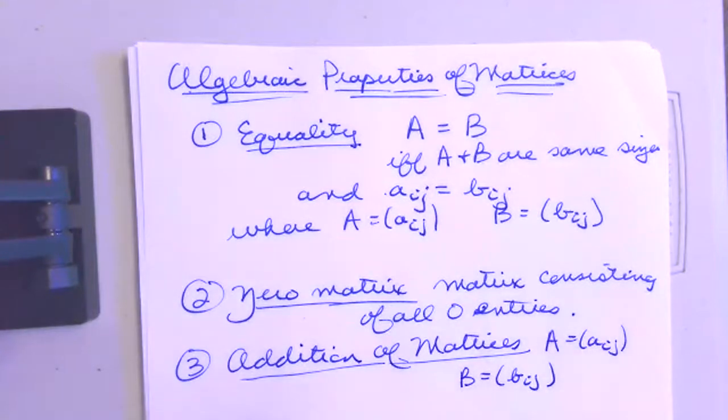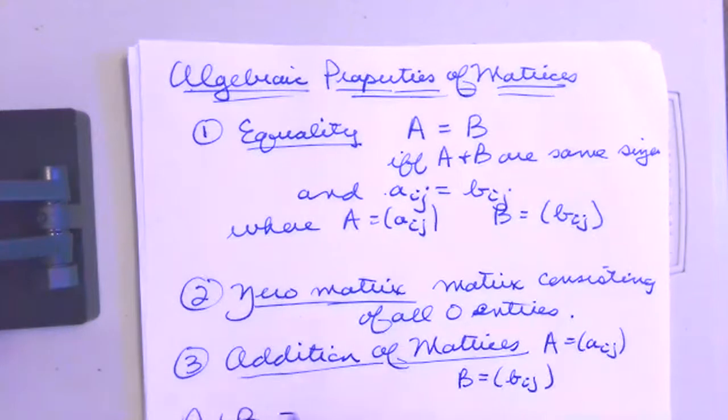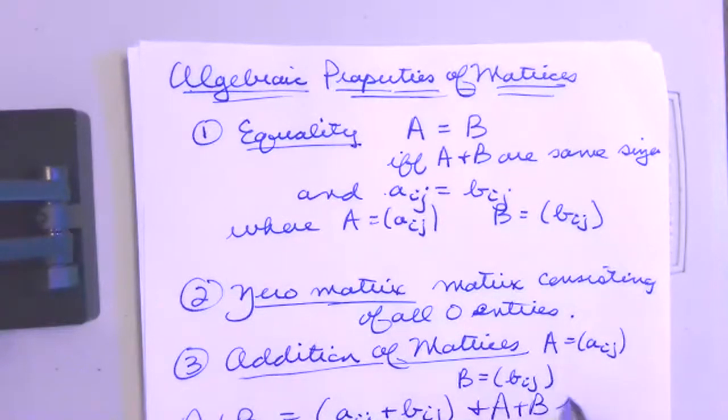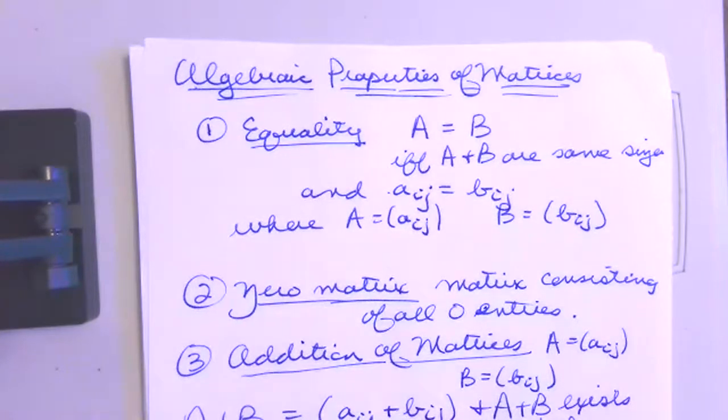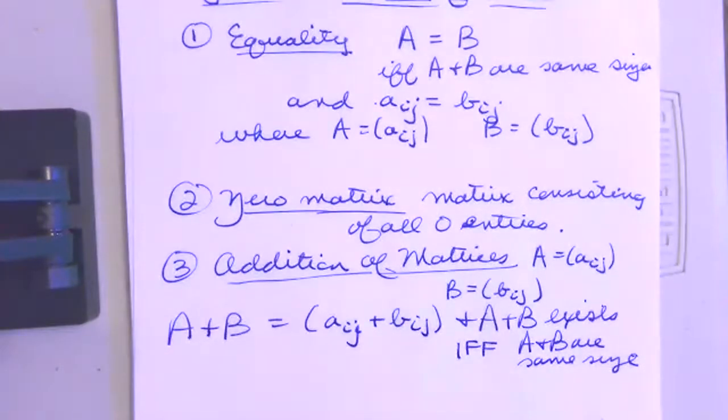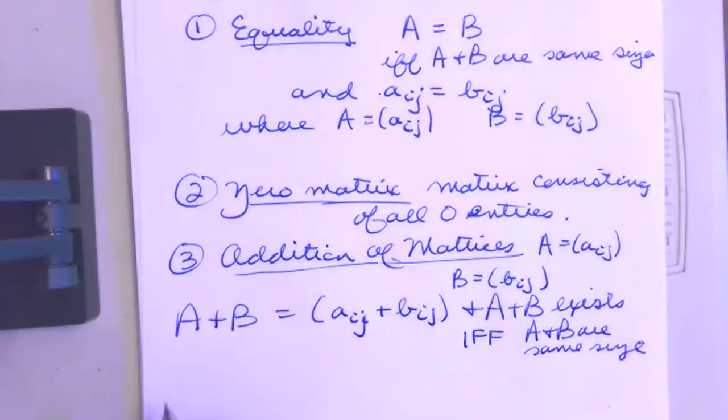Then A plus B is equal to Aij plus Bij, and A plus B exists if and only if A and B are the same size. If they're different sizes, you cannot add them. And if they are the same size, then you add things in the corresponding spots. Okay. All right, so you can do scalar multiplication on matrices.